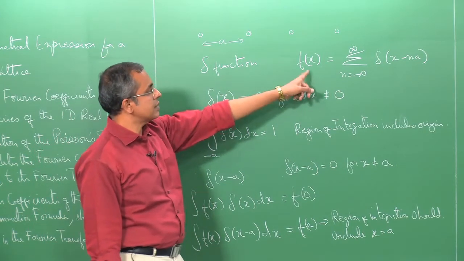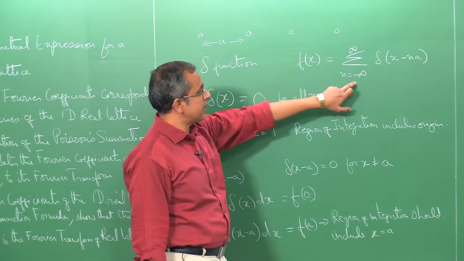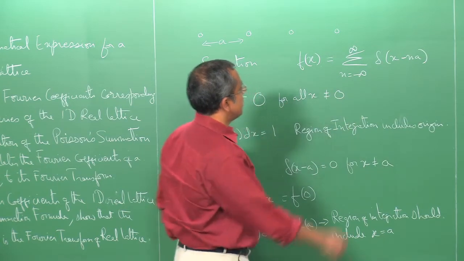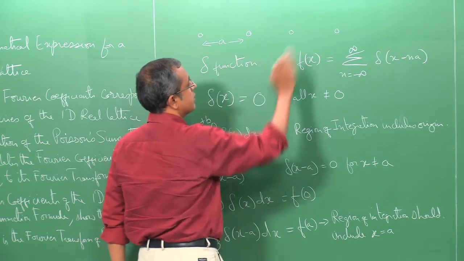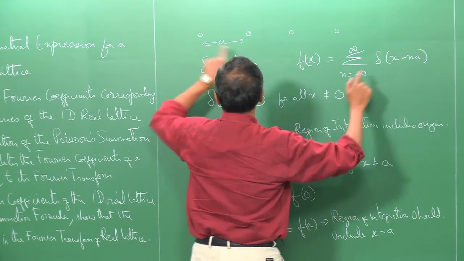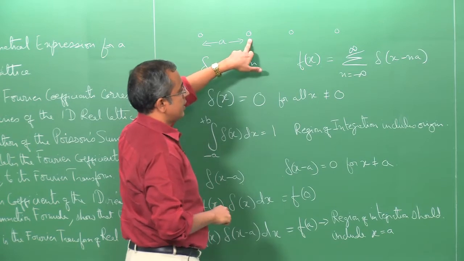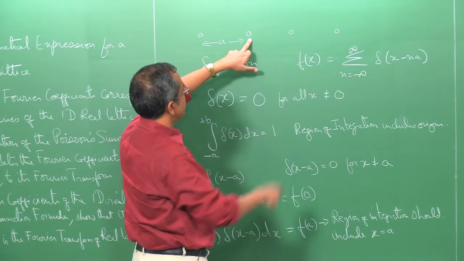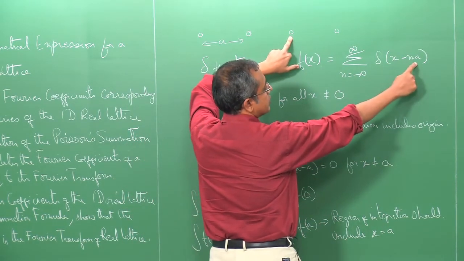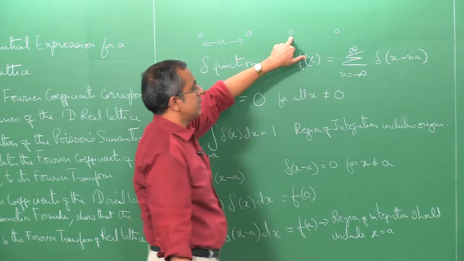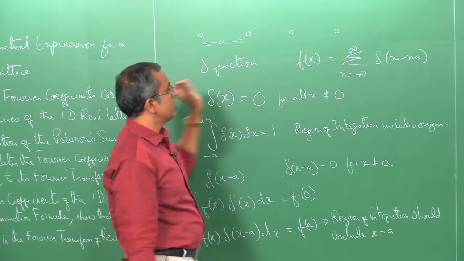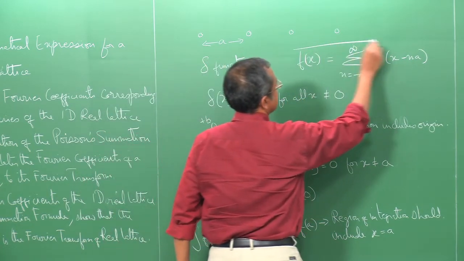So, this function f of x creates a situation where you have a delta function at each location, because when n is equal to 1 you have x minus a, that will put a delta function at x is equal to a. If you have n is equal to 2, it will create a delta function that will become valid only at x is equal to 2a, because at 2a minus 2a will give you 0. So, that will create a delta function at this position 2a. Similarly, at n equal to 3 you will get a delta function here, and so on. So, this is a function that now represents your 1D lattice.